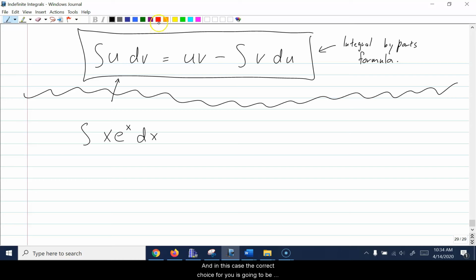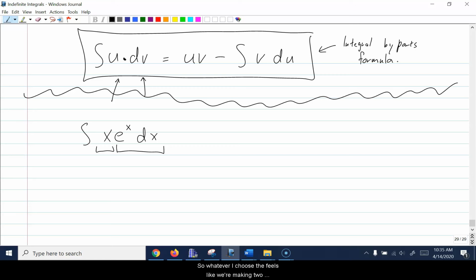In this case, the correct choice for u is going to be x, and dv is going to be everything else. The thing we have in our integral by parts formula is something times something. When I'm integrating something times something, that's sort of a sign that integral by parts is probably a good idea. Also note that the dx is part of one of those things, and it's always going to be part of the dv.